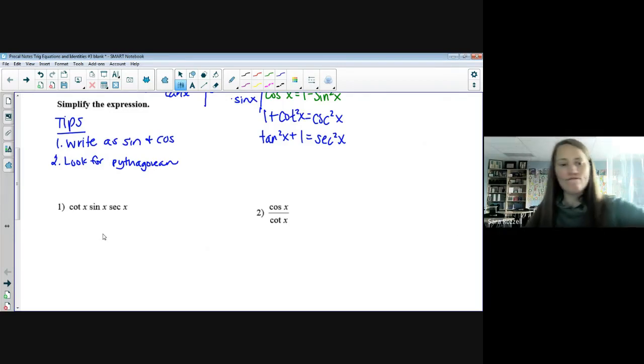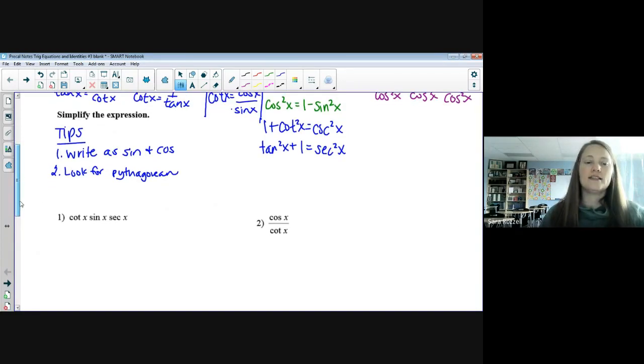All right, so if I look at problem number 1, cotangent times sine times secant, right? I want to simplify that. Well, what I'm going to do is write things in terms of sine and cosine. That's going to help me. In terms of means that I'm going to substitute for one of my identities up here.